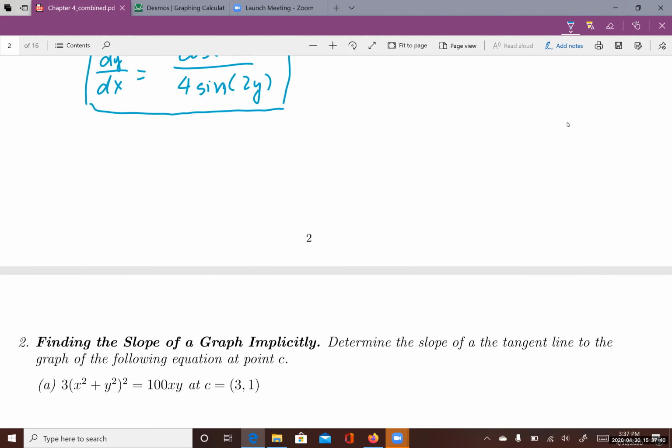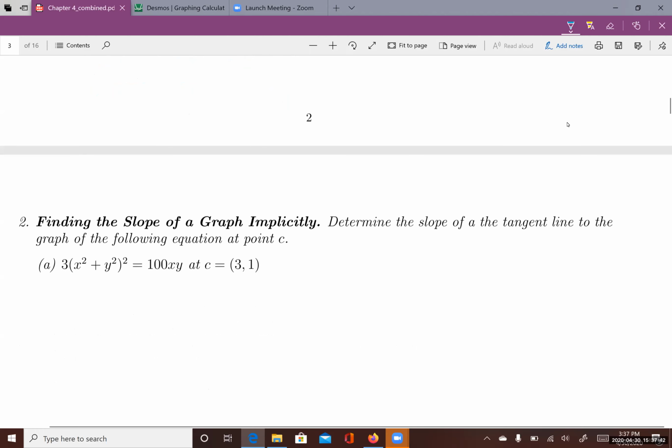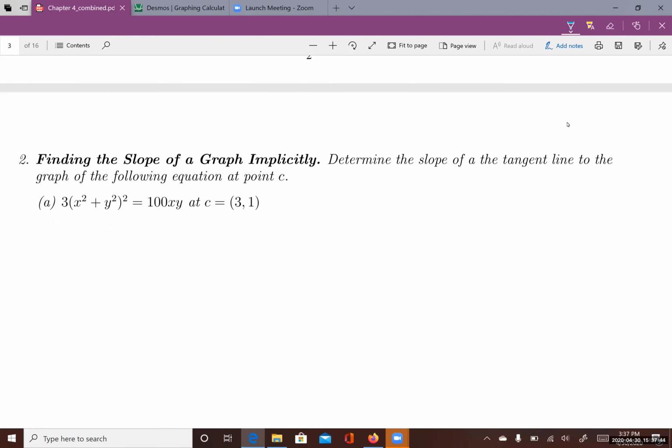All right. Now the next exercise is if you're given implicit equations, an equation in the implicit form, and you want to find the slope of the tangent line to the graph of these equations at the point C. Again, in order to find the slope of the tangent line, you need to find dy/dx.